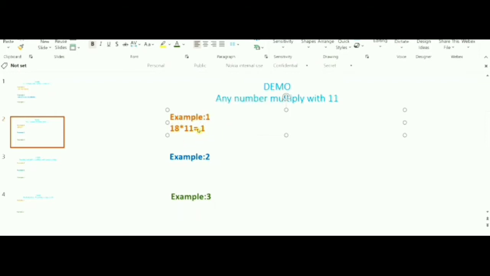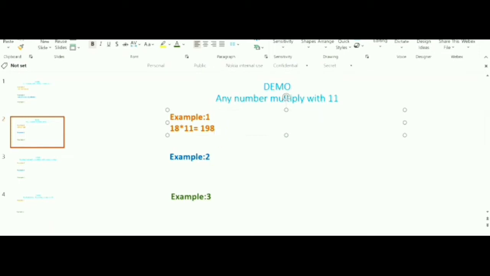Then the next digit is the sum of the digits. The first digit is 1, the second digit is 8, so 1 plus 8 is 9. Then the last digit of the number, that is 8. So the answer here will be 198.